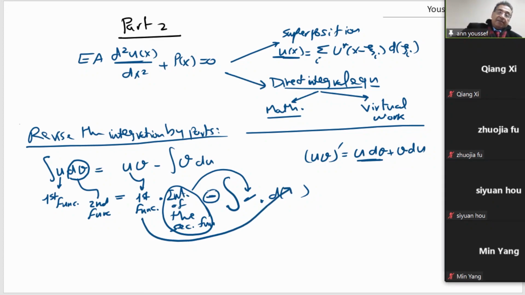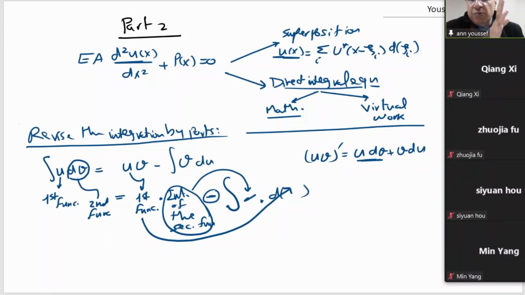Why am I saying that? Because when we get involved during the course with a lot of functions together or a lot of kernels, it's much better to read it like this: the first function times the integral of the second function, minus the integral of the previous integral times the derivative of the first, to make things faster in the development of the mathematics itself.